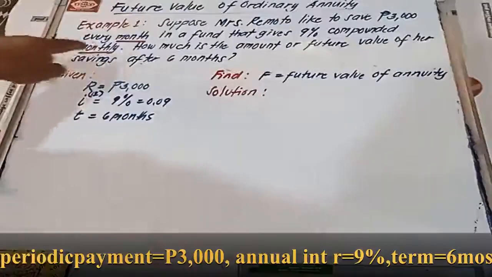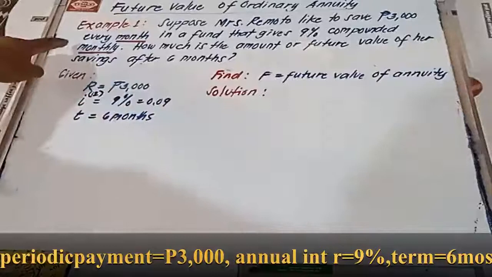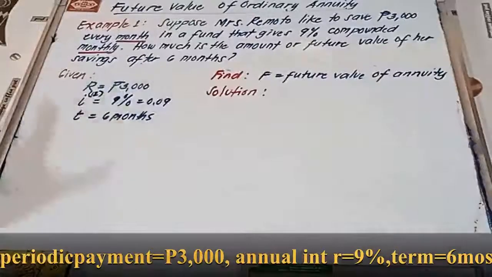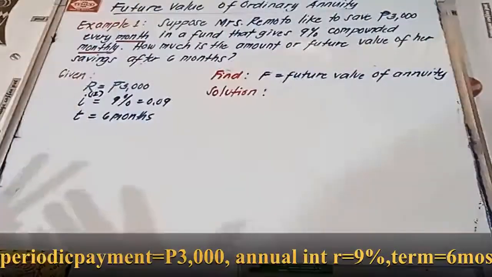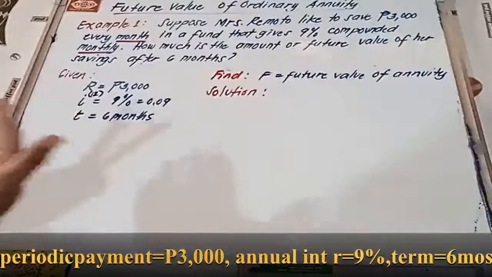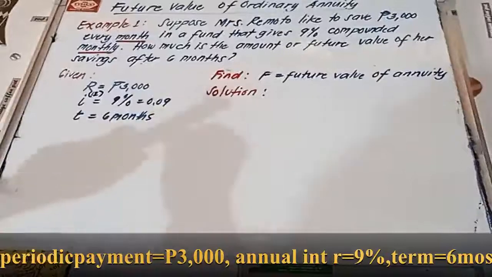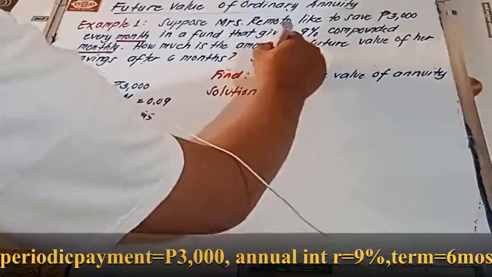So, ibig sabihin, parehas yung payment interval dun sa interest period natin, tatawagin natin siyang simple annuity. But since naka-indicate na ordinary annuity, pag sinabing ordinary annuity, every end of the interval ang bayarin niya o siya magse-save. So, tatawagin natin itong simple ordinary annuity. Okay?